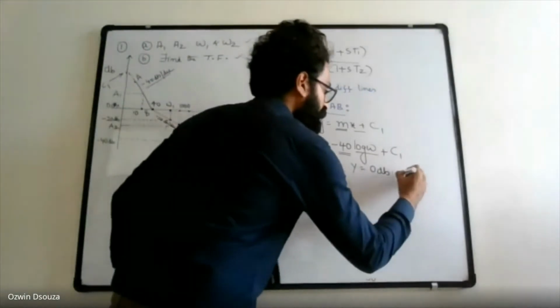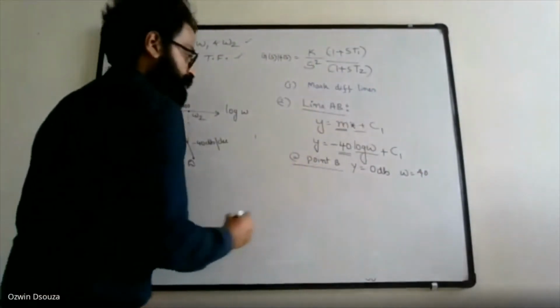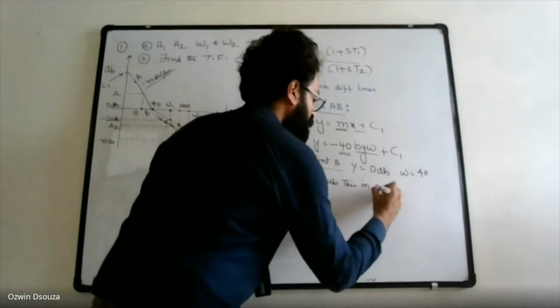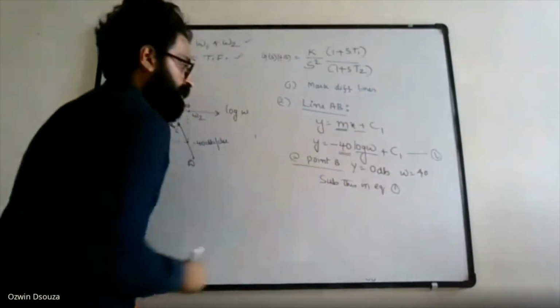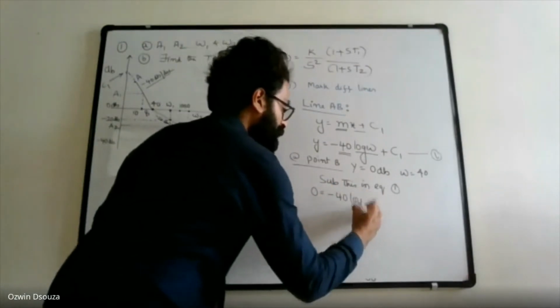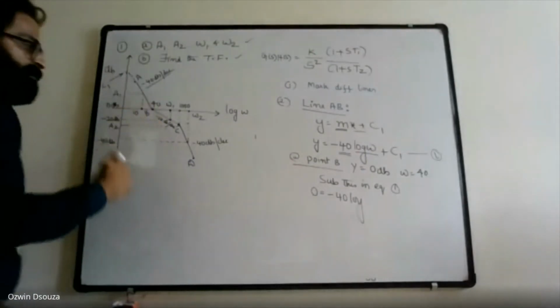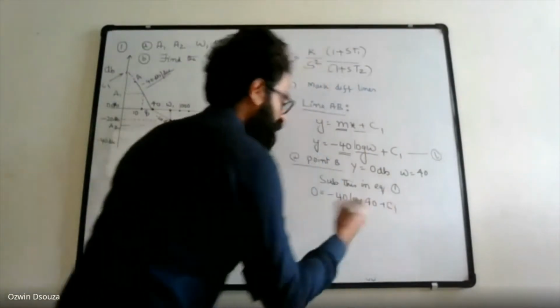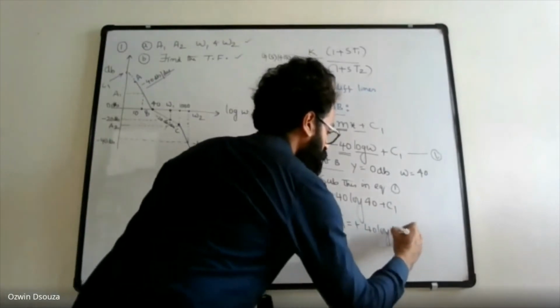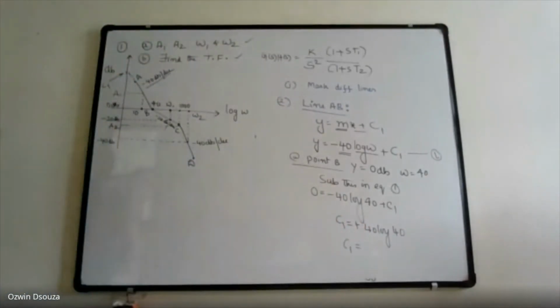Magnitude is 0 dB and omega is 40. So let's substitute this in equation 1. Magnitude is 0, so LHS is 0. So 0 is equal to minus 40 log omega, where omega is 40, plus C1, or C1 is equal to plus 40 log 40. So C1 is equal to, put it in your calculator, let us see what you get. So 40 log 40 is 64.08 dB.